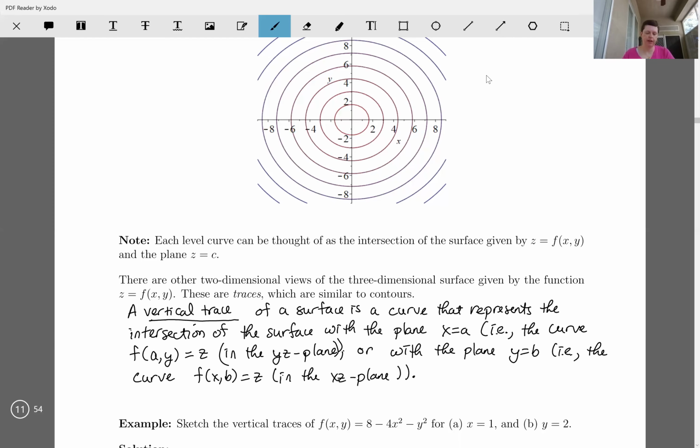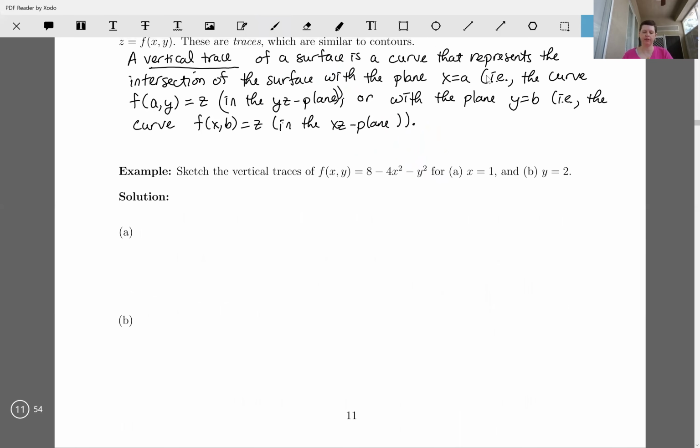So as an example, let's sketch the vertical traces of f of x, y equals 8 minus 4x squared minus y squared for a, x is equal to 1, and b, y is equal to 2.